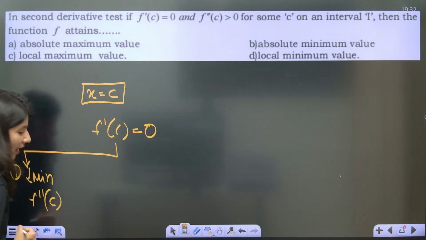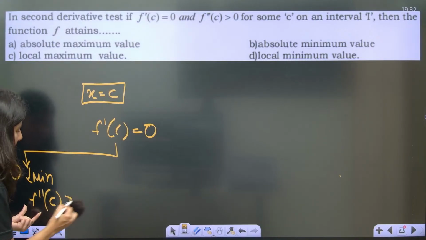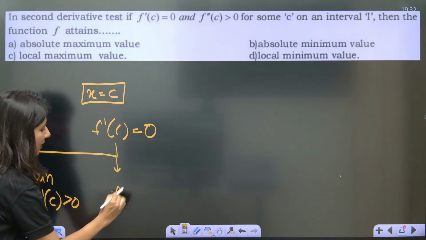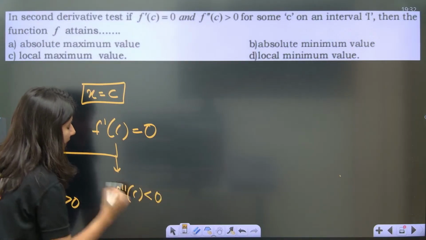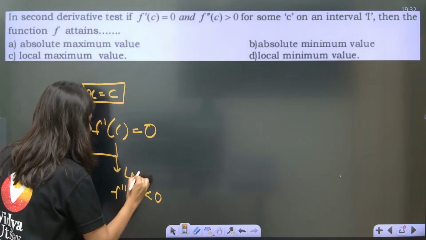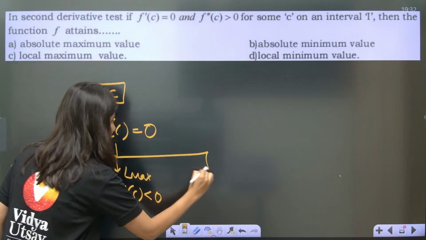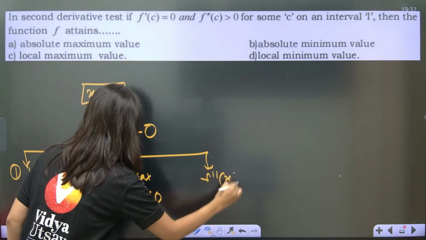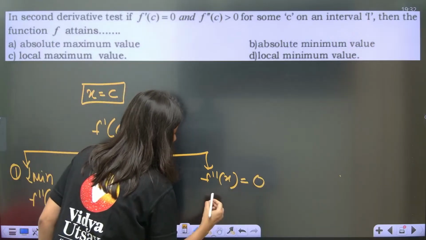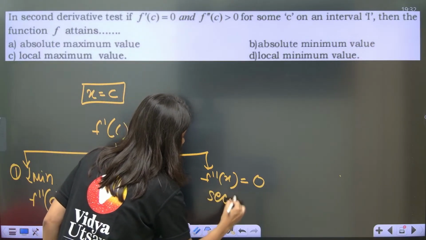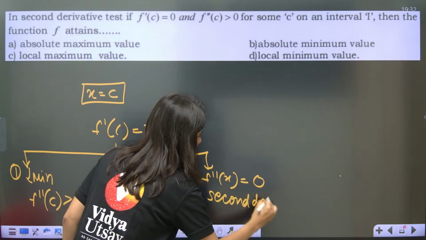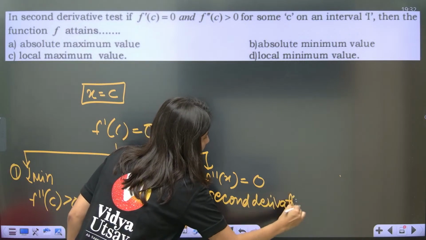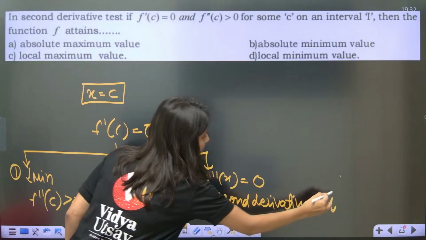When are you going to have local minima? If the double derivative is positive. Okay, ma'am, what if the double derivative is negative? That means you are having local maxima. And if your f double dash x is equal to 0, then the second derivative test fails. This is a rare case scenario.